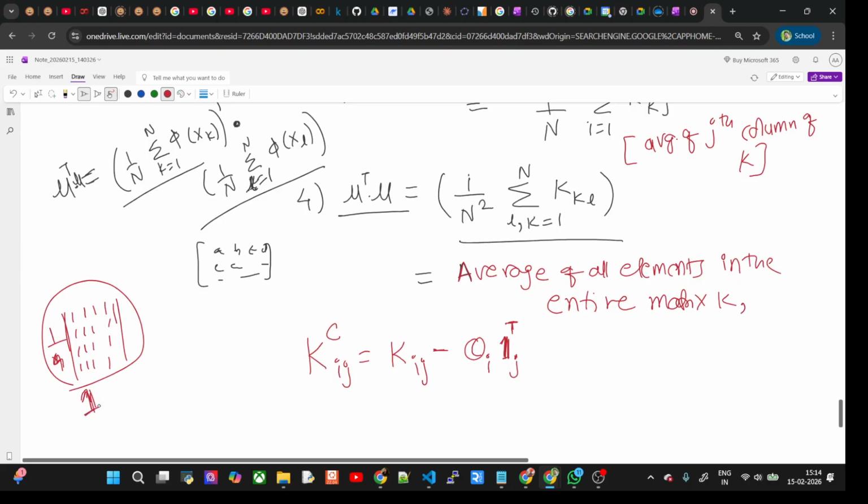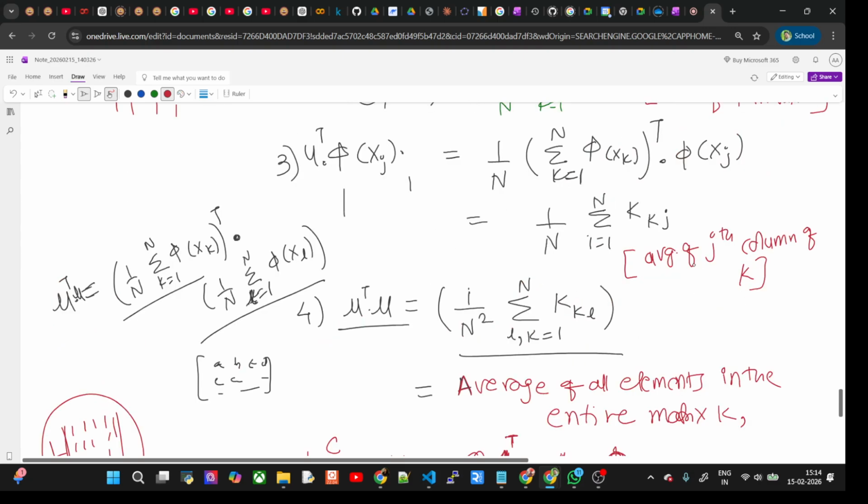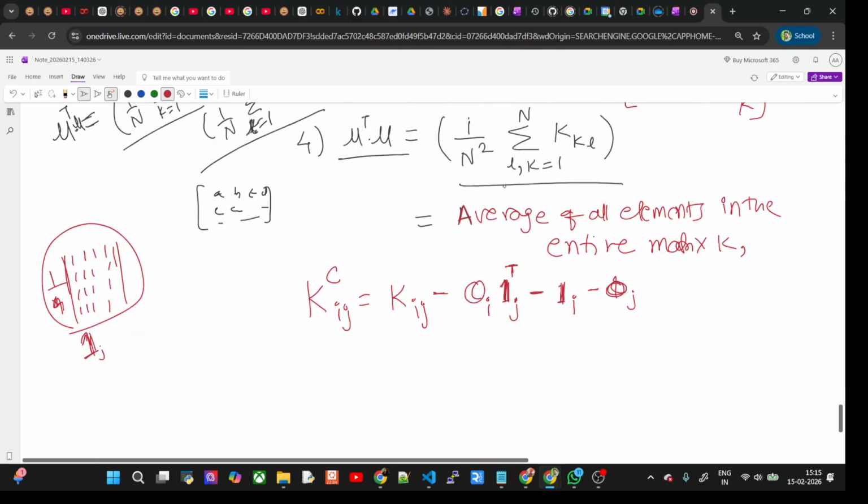Minus, in the same way this 1, but here it is not transposed, here it is I. It is theta because this third value is the average of the jth column of K. That is written as theta of j.